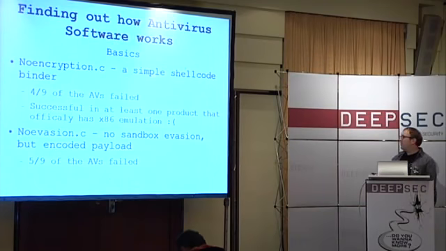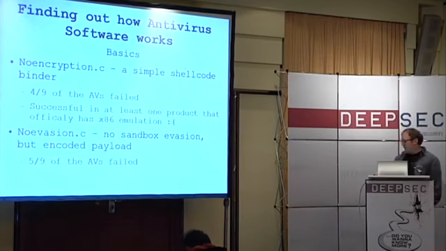It's just the shellcode binder, called no encryption because there's nothing encrypted. 4 of 9 products failed to recognize the file as malicious, and it is successful against at least one product that officially has code emulation. So, guess which one that was.